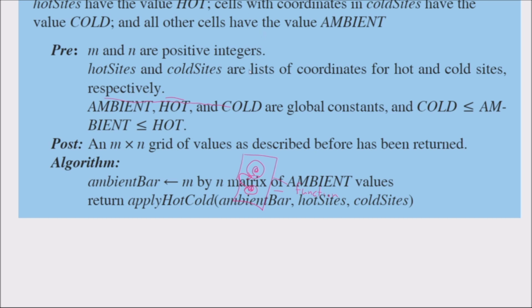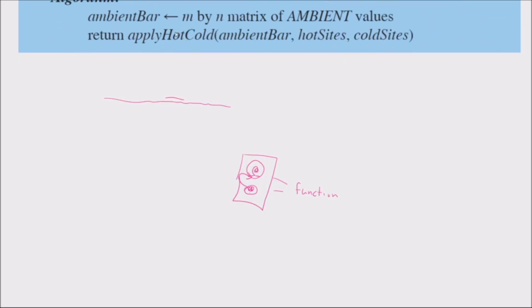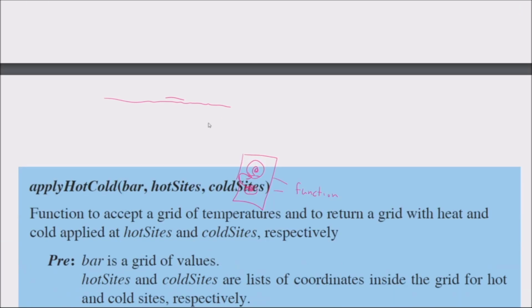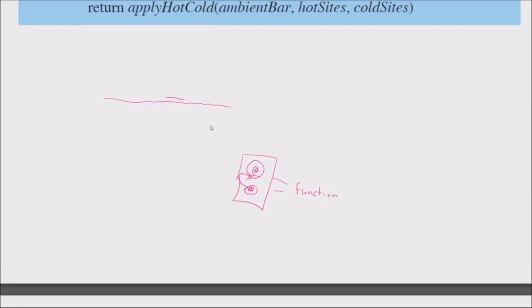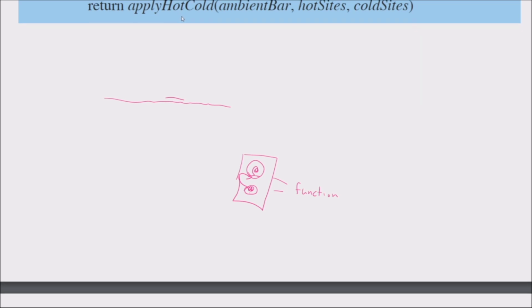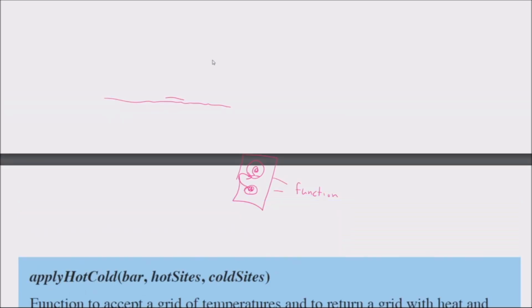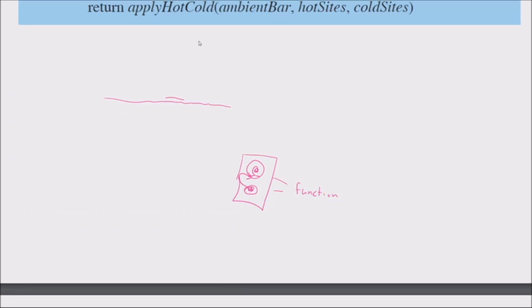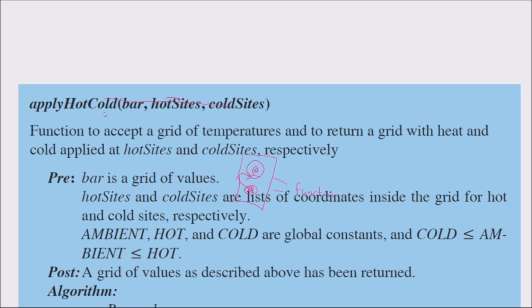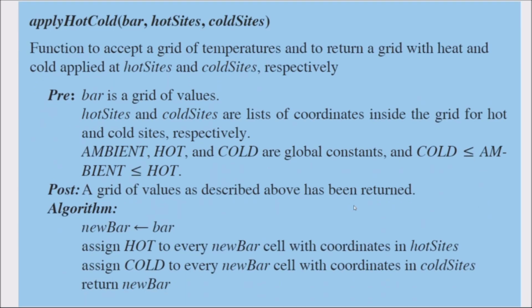initialization is what we do here, and then we're going to call some function to take care of the rest. You may notice it is called apply hot and cold. So this is the apply hot and cold function, another piece of the program. In this one, what you do is you actually apply the values to the bar.